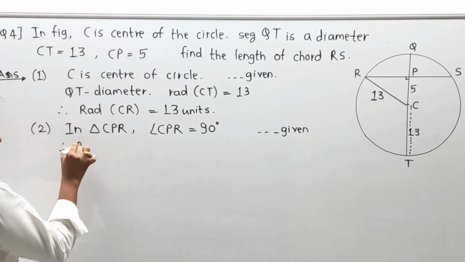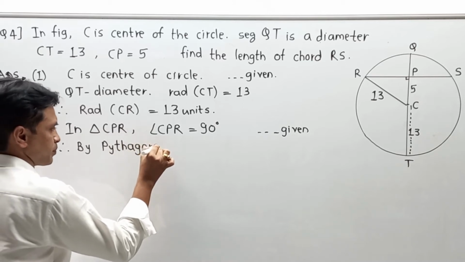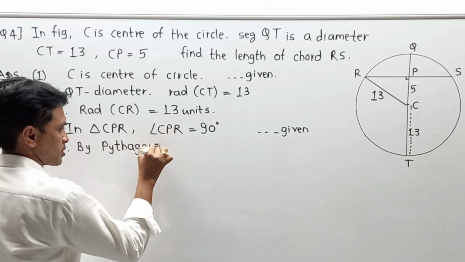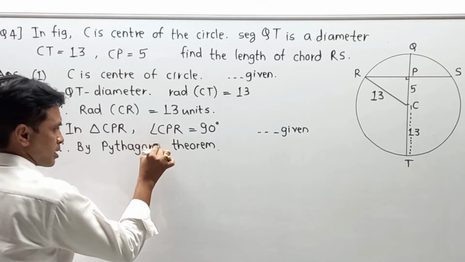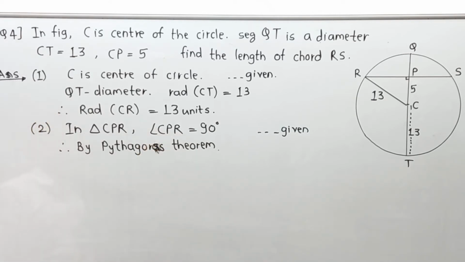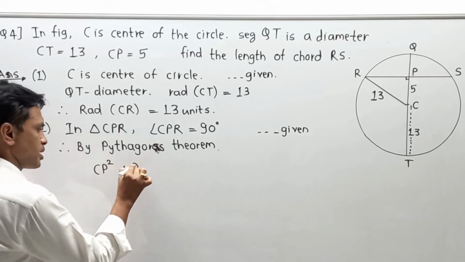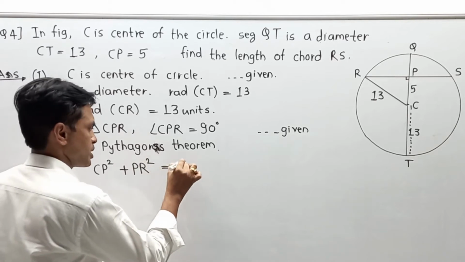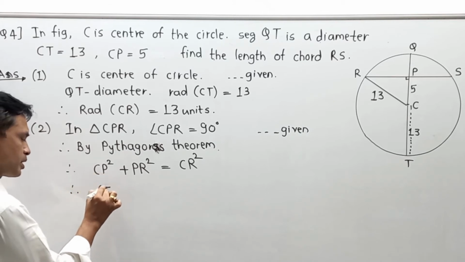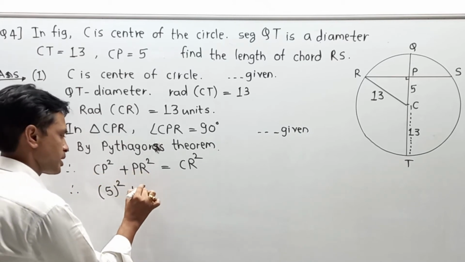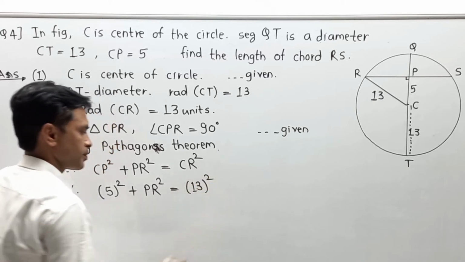Therefore, by Pythagoras theorem, CP square plus PR square is equal to CR square. Now the evaluation: CP square is nothing but 5 square, which they have given, plus PR square, that we are supposed to find, is equal to CR square, that is 13 square.